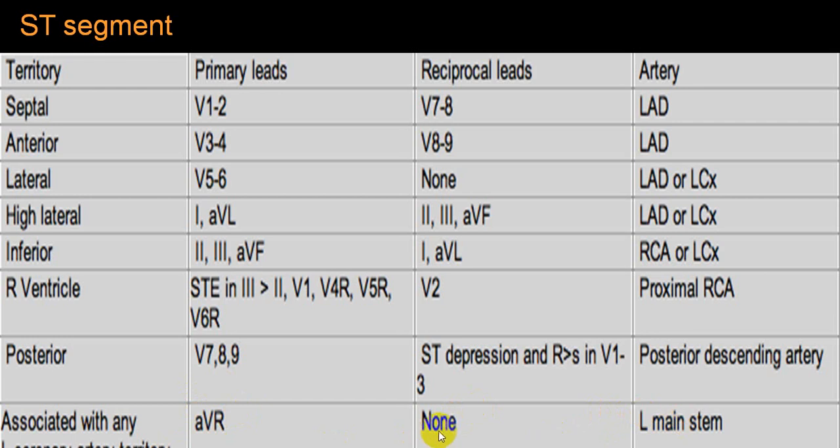So ST depression will be there in multiple leads with AVR and V1 ST elevation. Do keep it in mind, this is likely to be left main coronary artery involvement. So these three are put into what we call STEMI equivalents. We'll be doing this in detail as we go further.